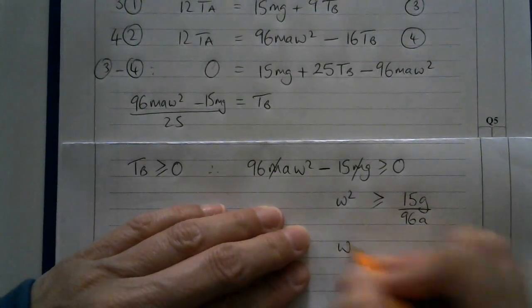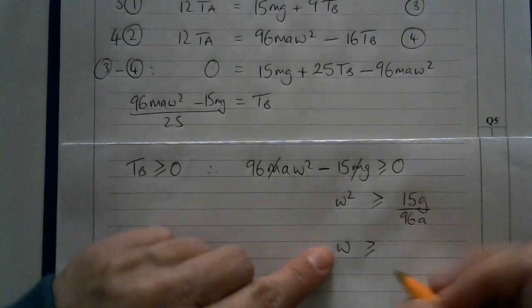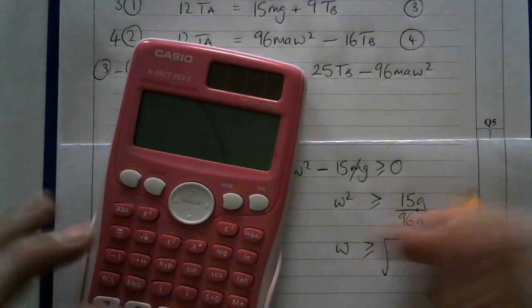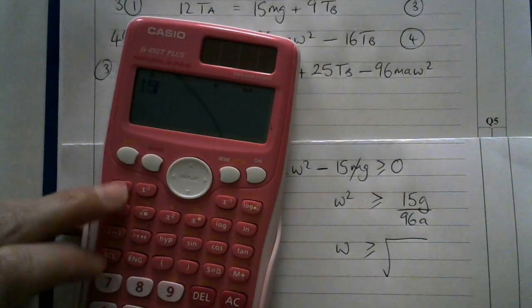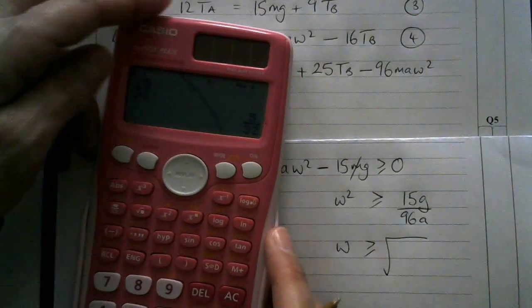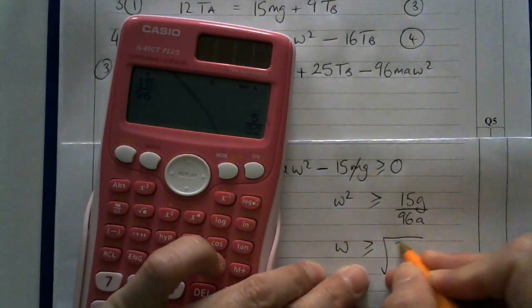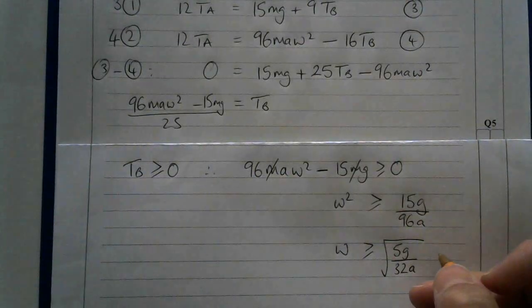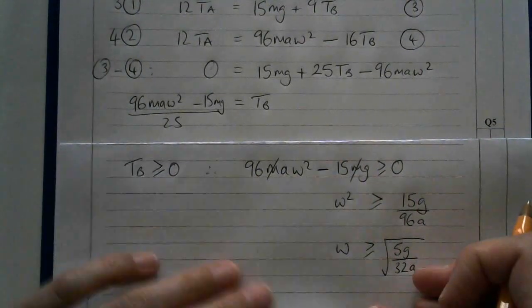And to get omega, I then take the square root, and 15 over 96 can simplify to 5 over 32. So I've got 5g over 32a. And so that's the limit for omega.